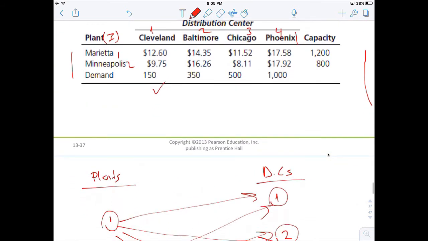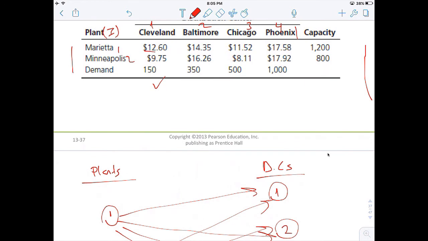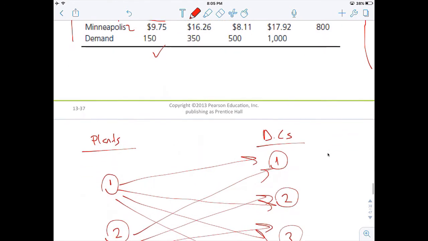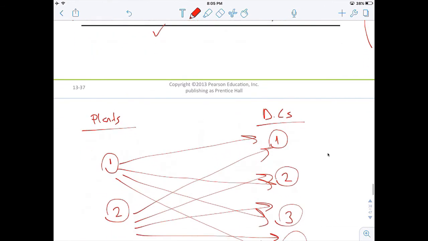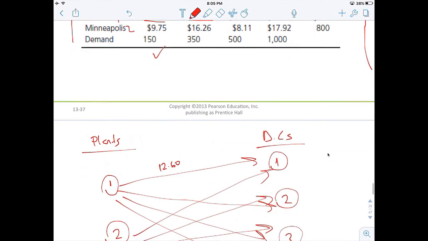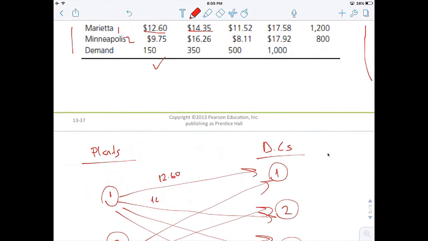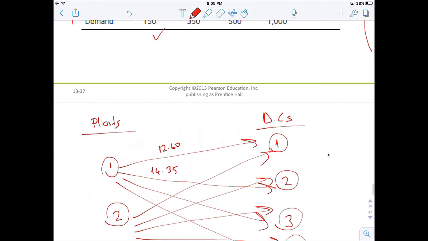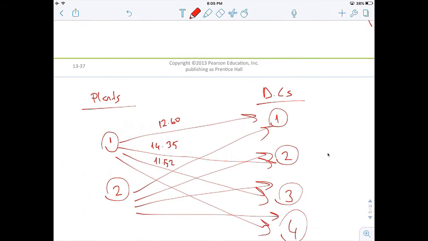What you put on these arcs is the unit cost. From Marietta to Cleveland it is 1260. From Marietta to Baltimore it is 1435, then 1152, and 1758.